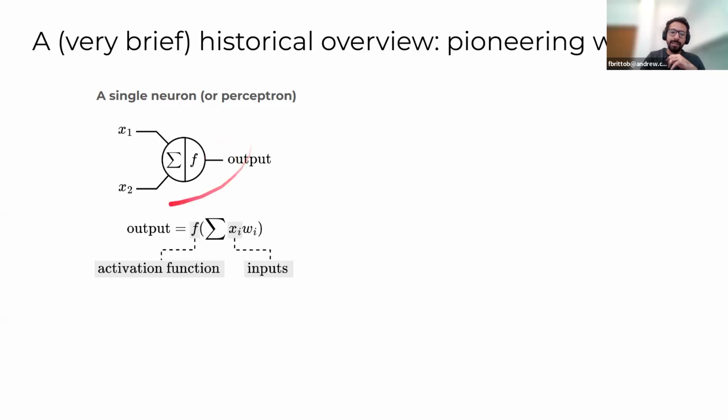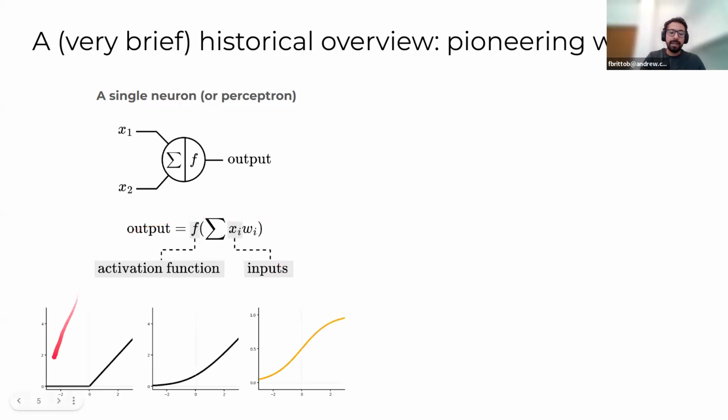Where the output of this neuron is essentially the weighted sum of certain inputs that passes through a function called an activation function. And those activation functions could be the rectified linear unit or ReLU activation function. It could be the softplus, which has a smoother transition, or the sigmoid activation function. I just picked some examples to make that a little bit more clear.